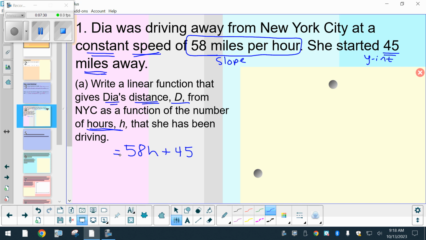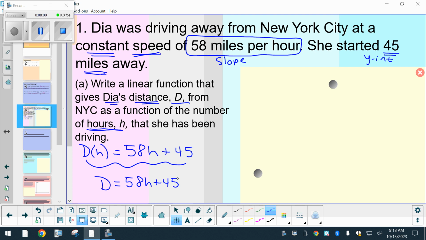Okay, now I'm going to show you what it looks like in a function format, to be proper, for upper level. You would do d of h, like f of x. This is really fancy, and sometimes you can write this. I don't like it so much. It's not bad, but it does say it's a function.